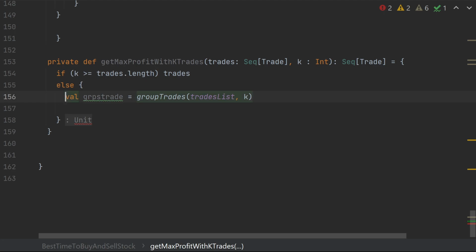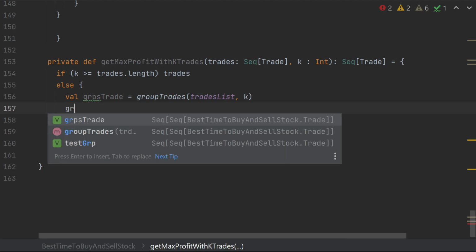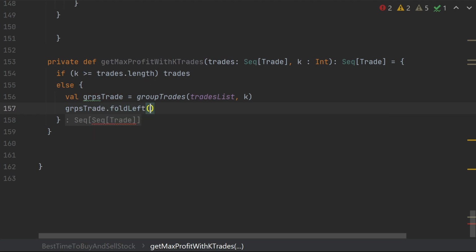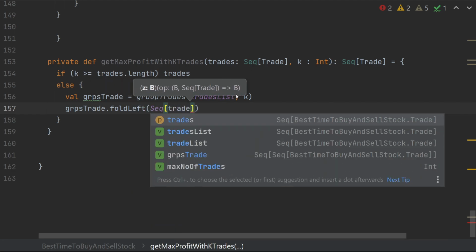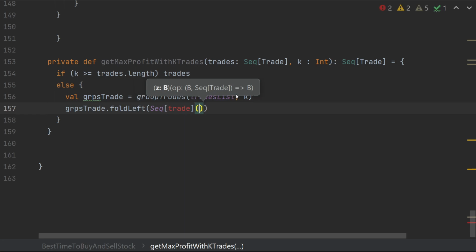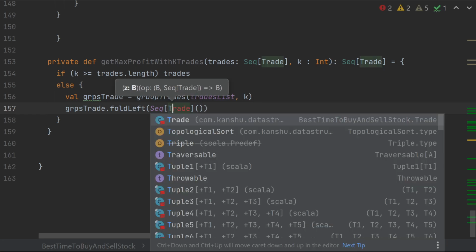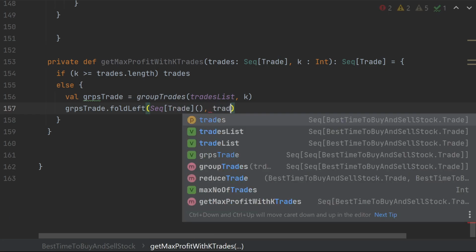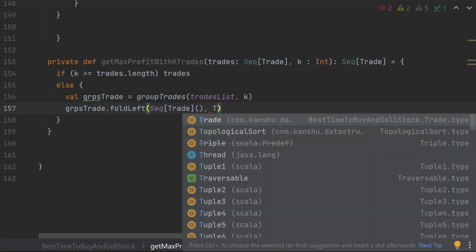So now we are going to run fold left on this to conclude. So it's going to be grps trade dot fold left. This fold left is going to return two values because we are going to run this on our reduce. So it is going to return first the sequence of trade, which is basically the final trade for k number of times.